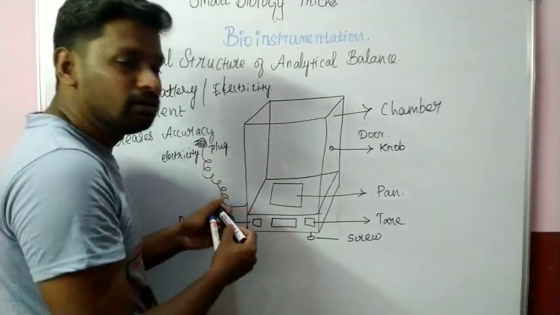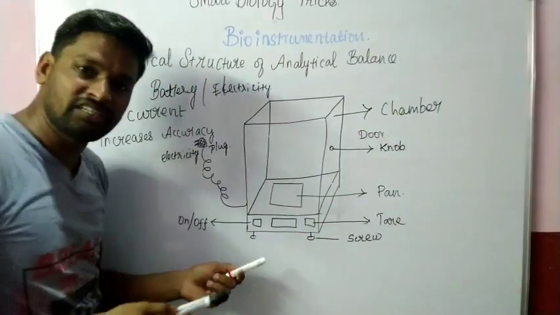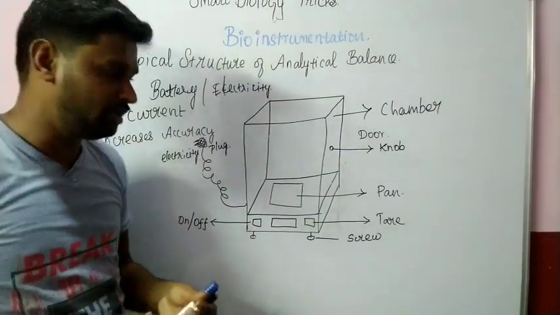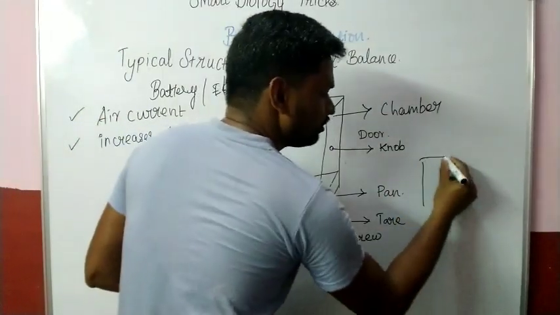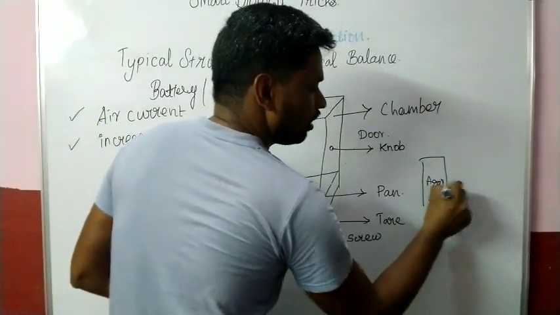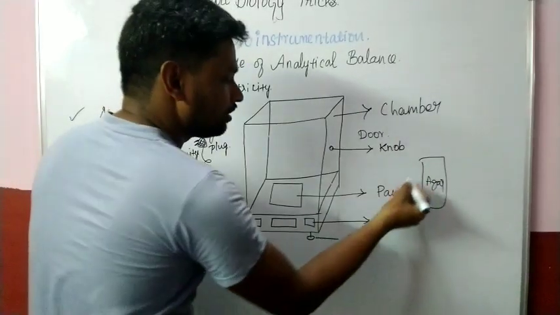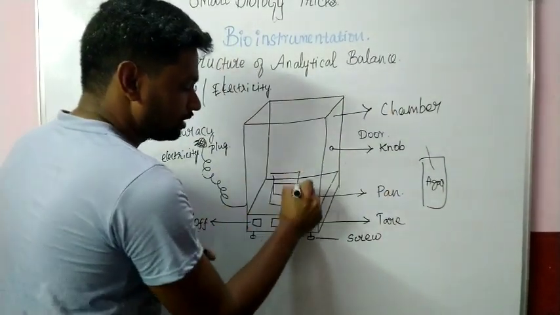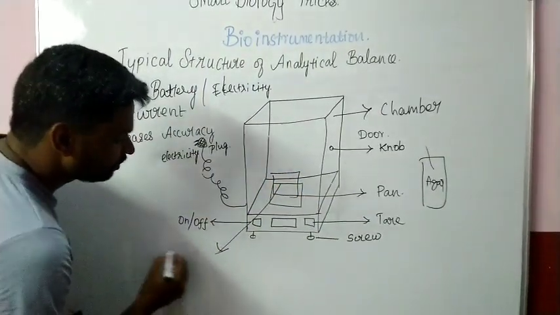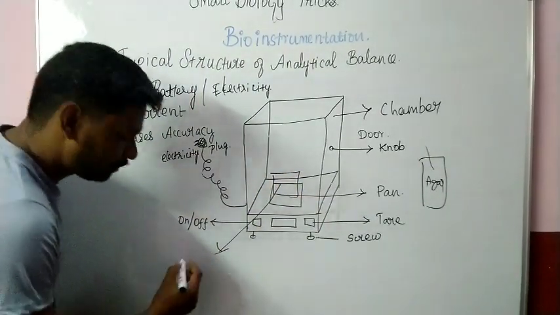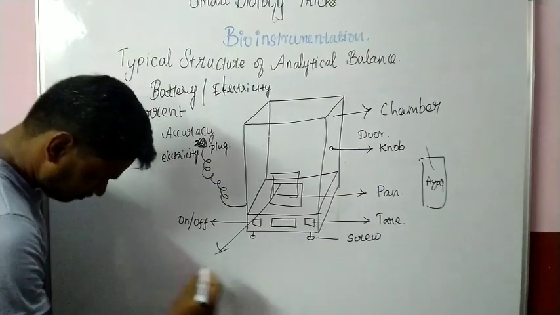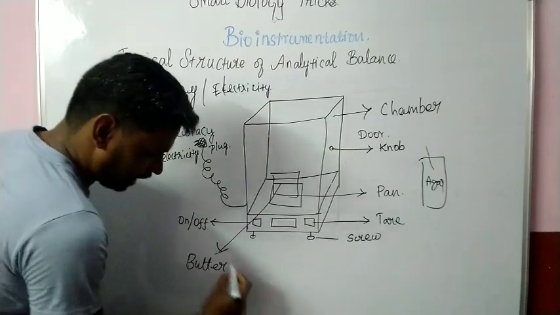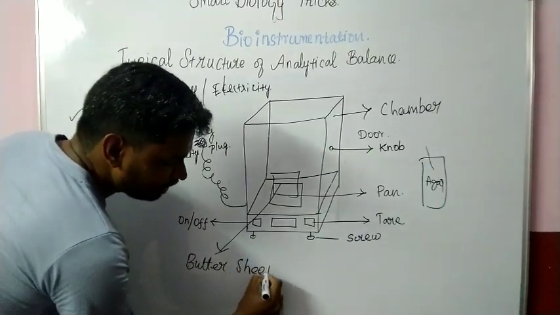If you want to measure, for example, 2 grams of agar, you can take the agar powder with a scoop and place it on a piece of paper. The paper should be a butter sheet.